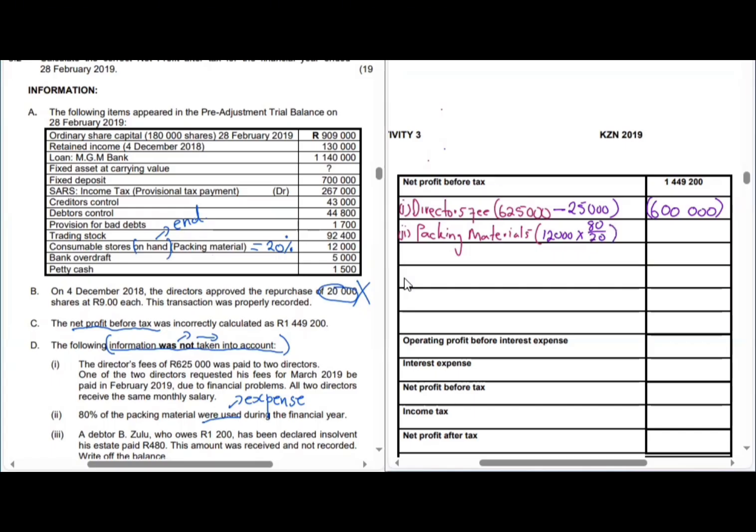And then how much are we going to get for packing materials? Packing materials that have been used in the business are 48,000. We used 48,000.